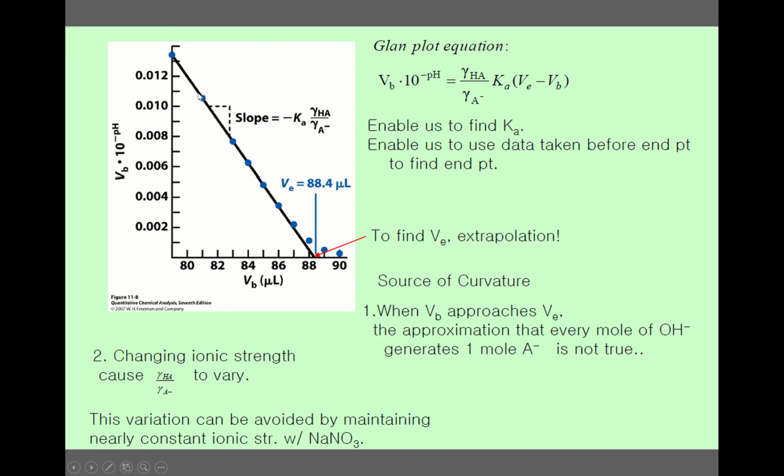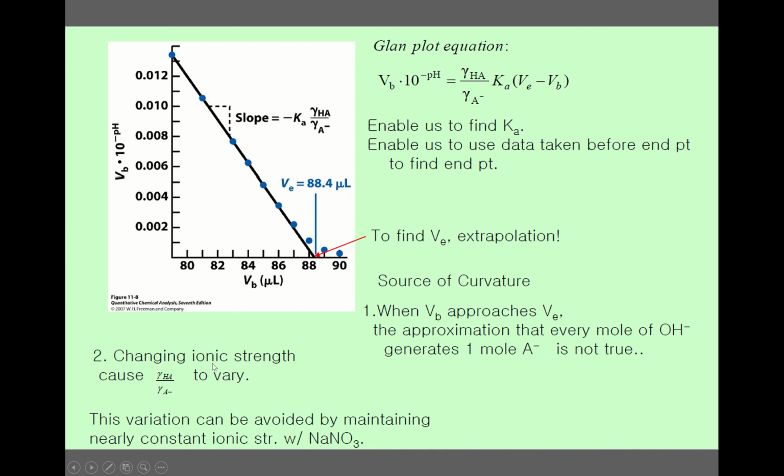It is good practice to take many data points, and then find out which data points are on the straight line, and take those data points only. Others are ignored. Why are these data points deviated from this straight line? The source of curvature is that when VB approaches VE, the approximation that every mole of hydroxide ion generates 1 mole of anion is not true anymore.